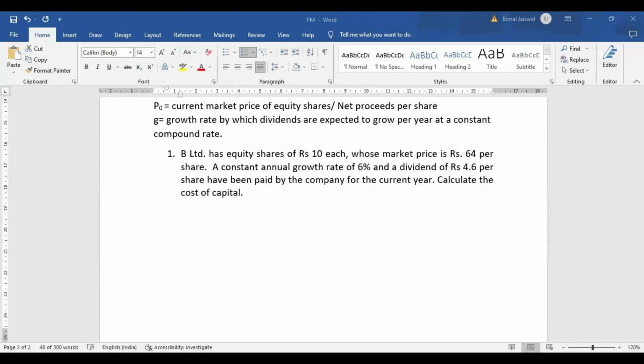Market price is given. A constant, normal annual growth of 6% and a dividend of rupees 4.6 per share have to be paid by the company for the current year. That means the current year dividend of rupees 4.6 is given.